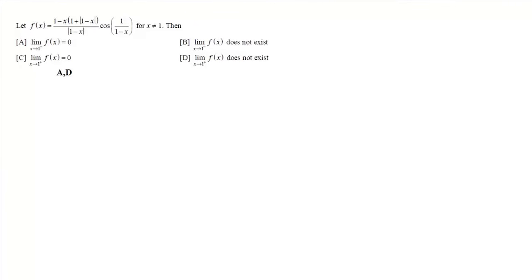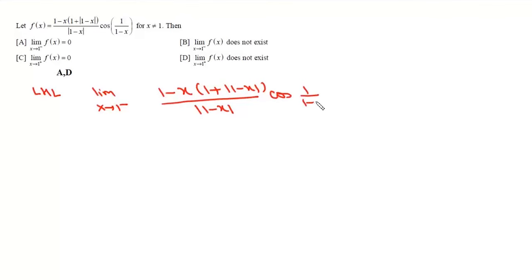Now here the question is, we are given this function f(x), and we need to find its left hand and right hand limit at x equals 1. Now if we look at the left hand limit, it will be this limit x tends to 1 negative, and this is (1 - x)(1 + |1 - x|)/|1 - x| into cos(1/(1 - x)) for all x unequal to 1.